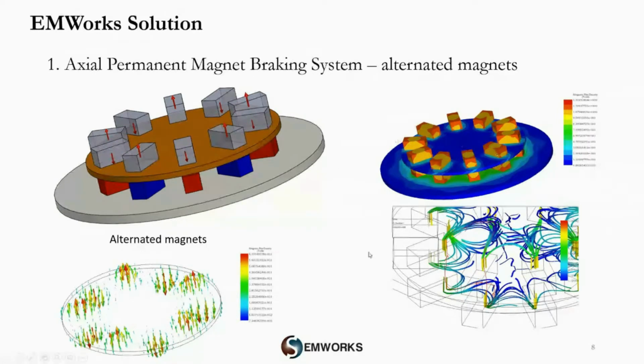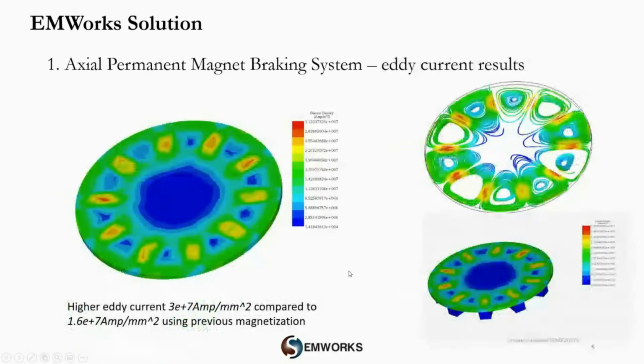Again, these are the results obtained by EMS. Notice the maximum current density obtained in this configuration is 3.12 times 10 to the power 7. Comparing to the previous configuration, you have a higher current density.